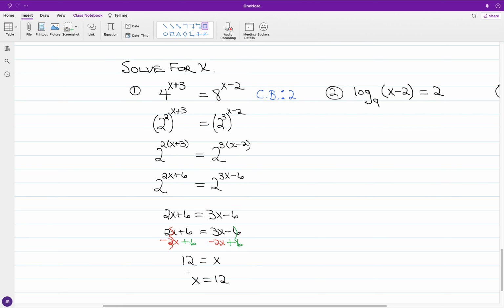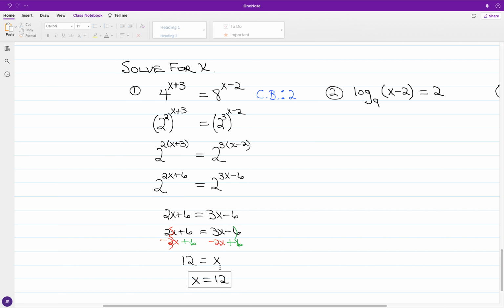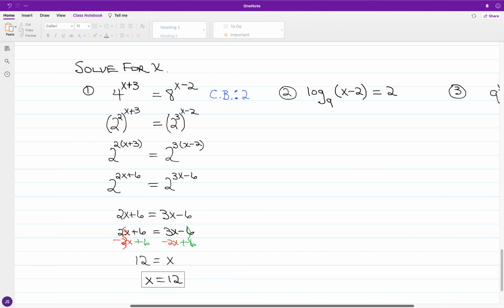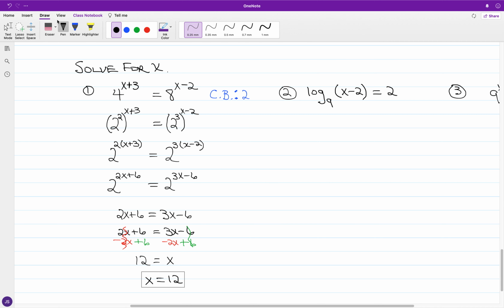Now, for the second item, we have the base 9 logarithm of the quantity x minus 2 is equal to 2. So we have a logarithmic equation, and again we have the logarithmic term on one side of the equation, and I can take care of logarithmic bases by applying the matching exponential base.